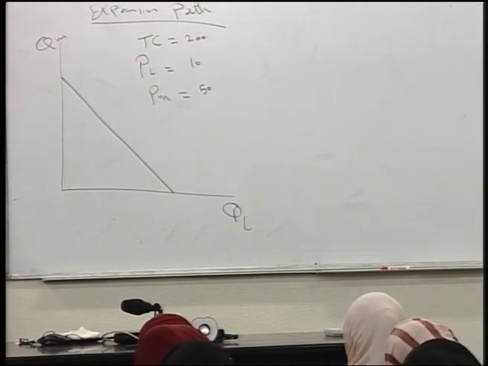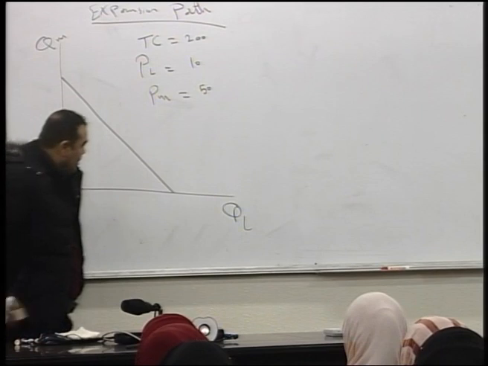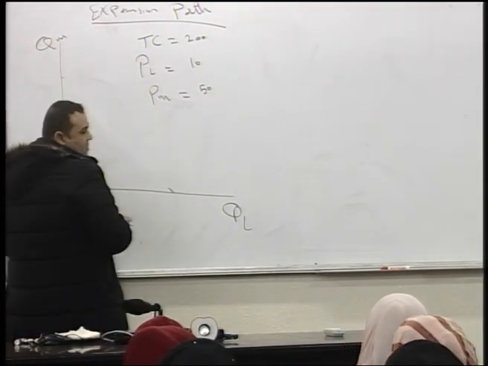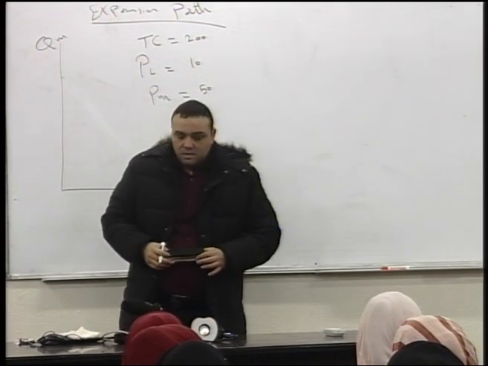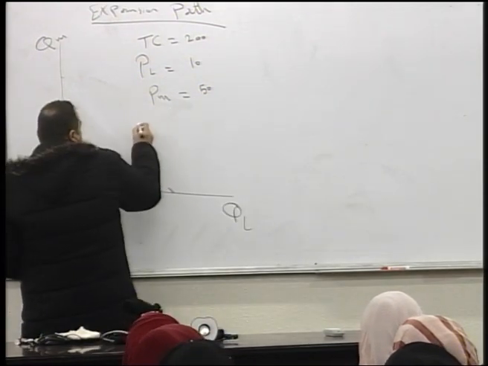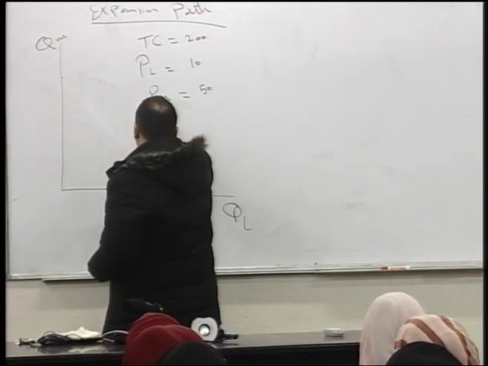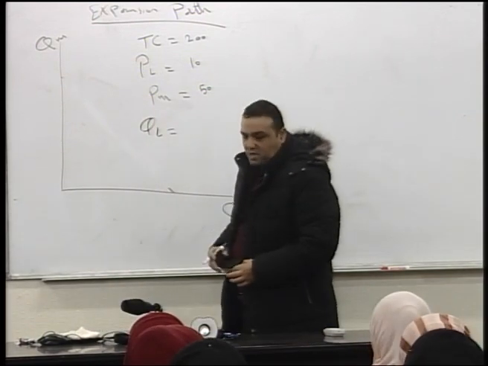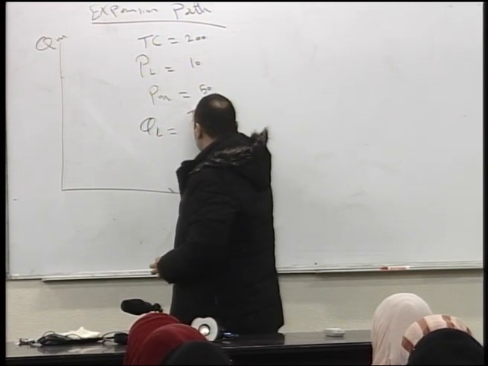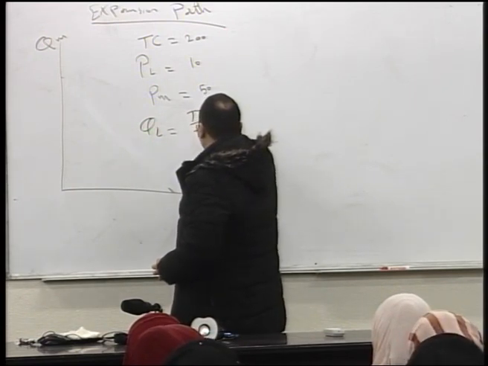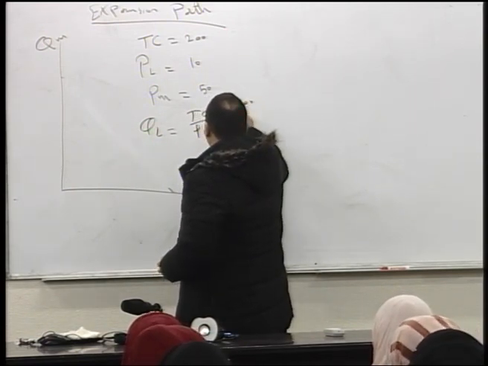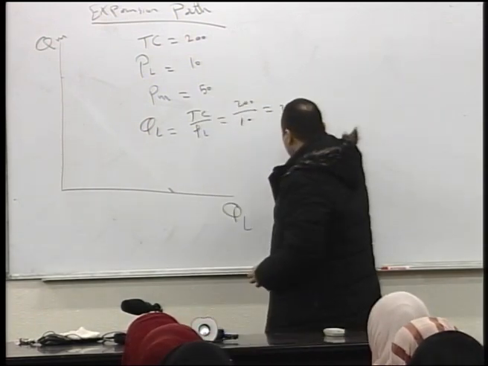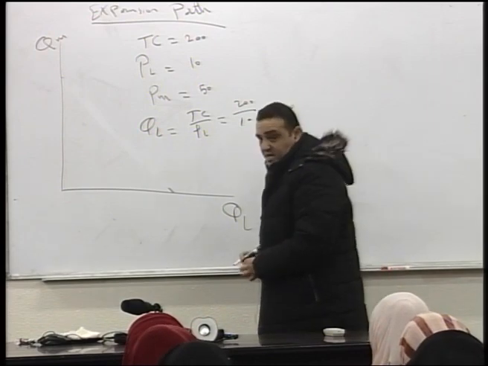Derive the isocost line. Number one, derive the isocost line. To derive the isocost line, we have to calculate the quantity of labor, the number of workers, which equals total cost over the price of L, equals 200 over 10, equals 20 workers.